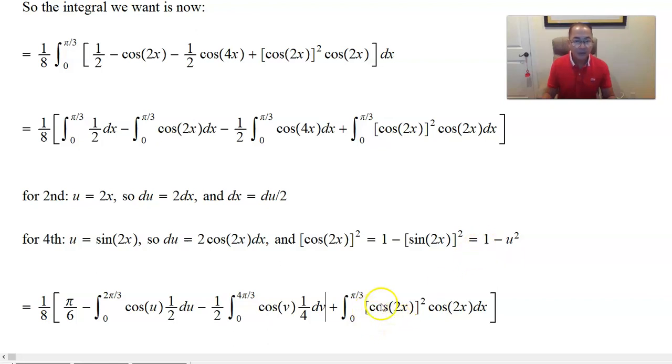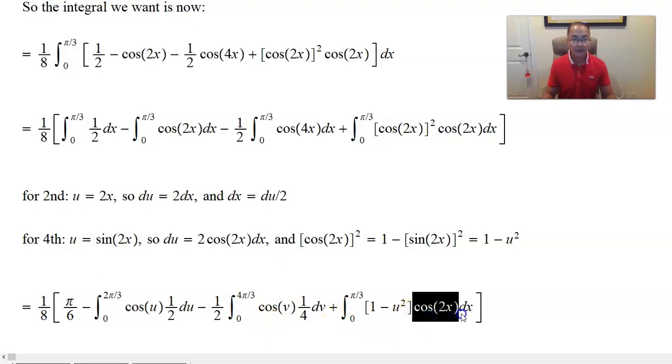So cosine squared becomes 1 minus u squared. So we erase this. Just think of each integral separately. And the cosine 2x dx is, oh, we didn't isolate it, 1/2 du.